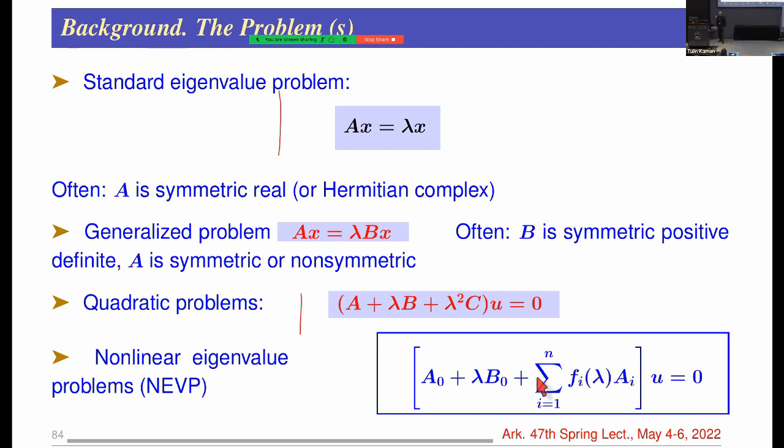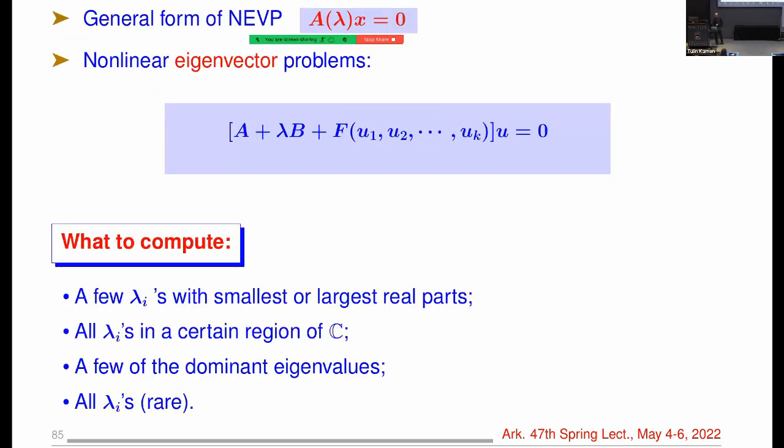Of course, the simplest one is when you have a polynomial term, but they could be more complicated than that. But there is also what I call a nonlinear eigenvector problem. So the nonlinear eigenvalue problem is like this: A of lambda x is equal to 0. Lambda is what you're looking for, and x is the eigenvector.